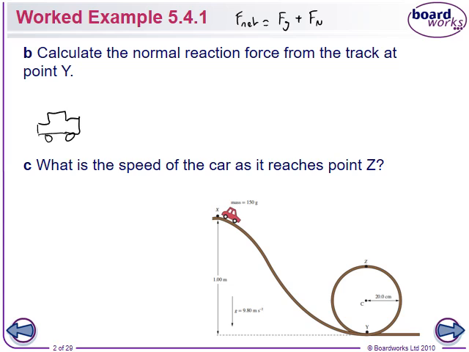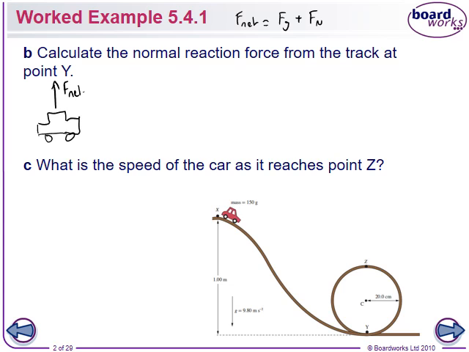At the bottom of the loop, we are just entering our circle. So we do consider the car at point Y to be travelling in circular motion. In which direction is F net? Towards the center. So if we're at point Y, in which direction? Up. So our F net is up.